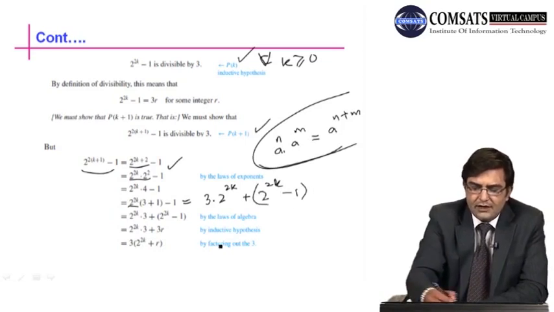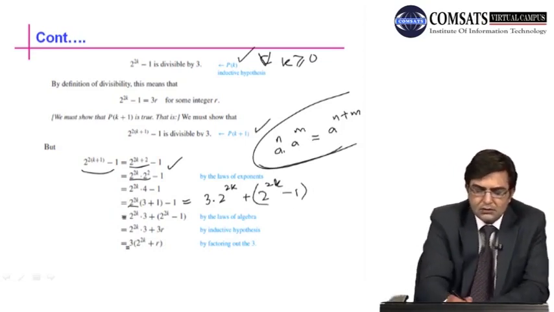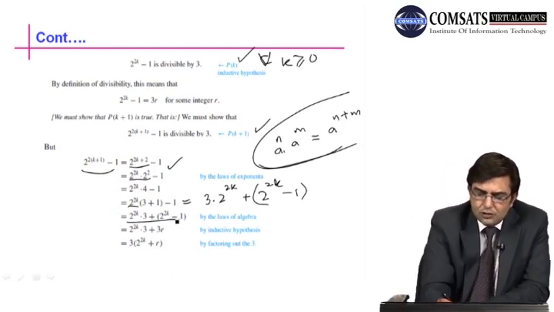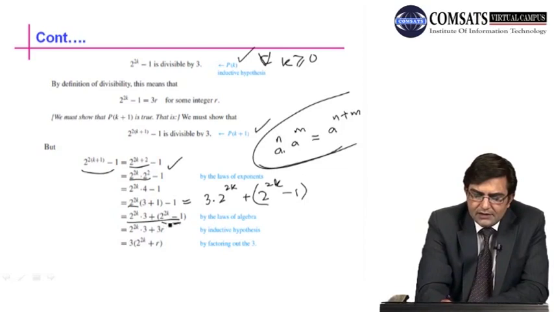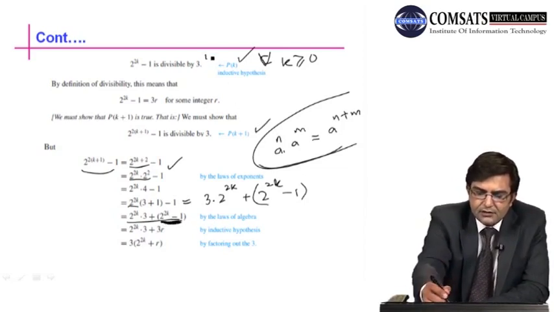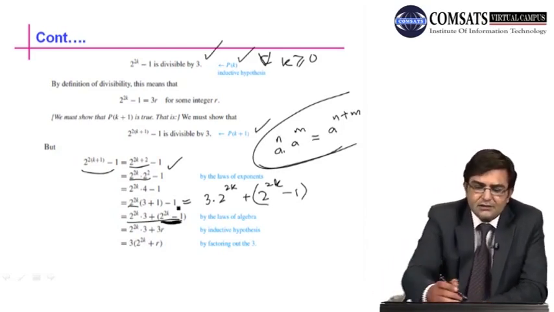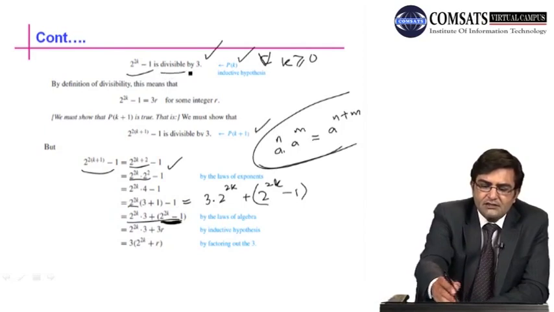Now 2 power 2k minus 1 is divisible by 3 by the inductive hypothesis, as we have supposed that 2 power 2k minus 1 is divisible by 3.